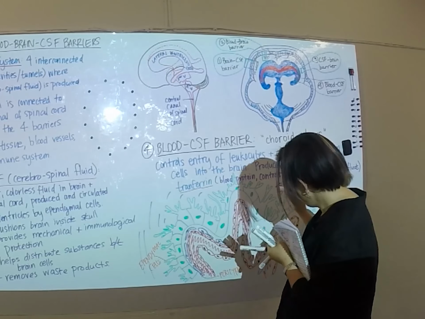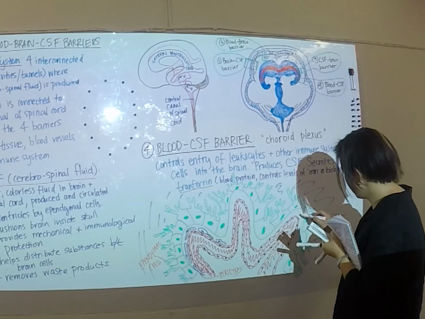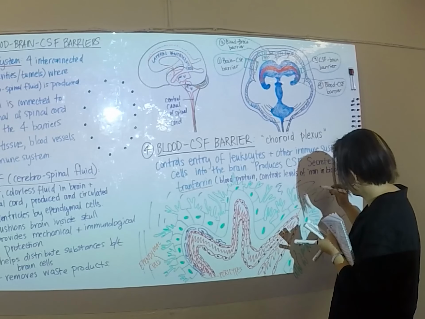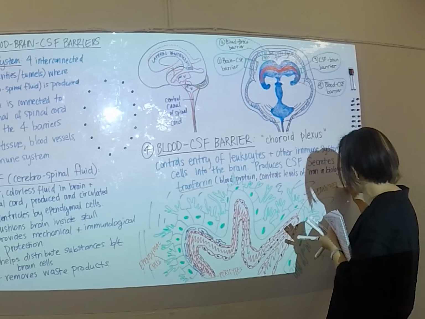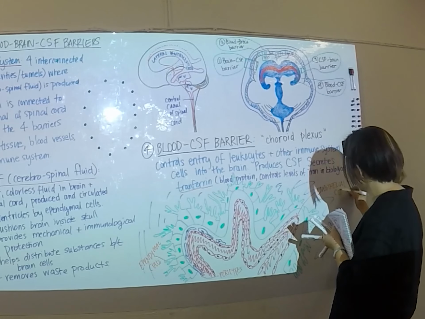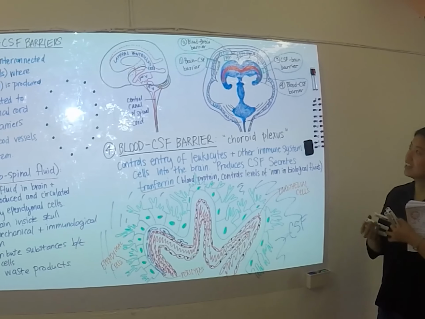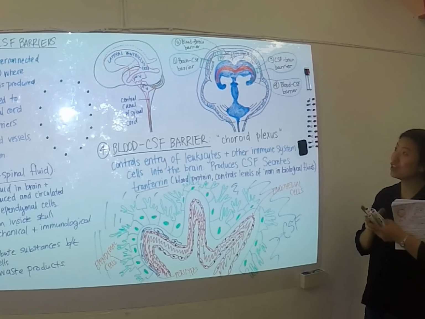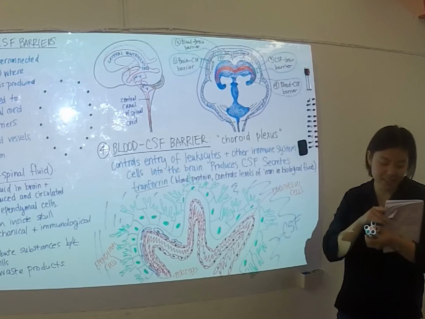Okay. And then the red, here we go. These are endothelial cells. Okay? All right, so those are the 4 blood, brain, and CSF barriers.